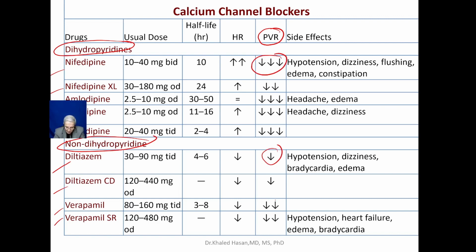Verapamil is intermediate between heart and vessels, so nifedipine increases heart rate. You agree with this one? We call this reflex tachycardia. Verapamil and diltiazem negatively affect the heart and decrease heart rate. So which of these calcium channel blockers increases heart rate? Nifedipine. By what mechanism does nifedipine increase heart rate? Reflex tachycardia, a compensatory mechanism.